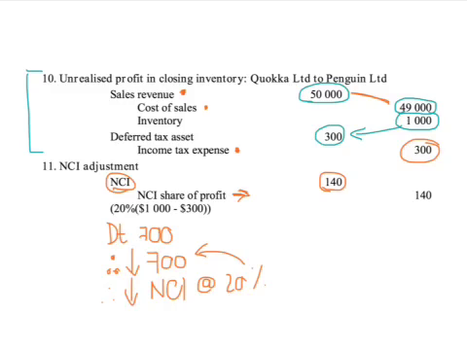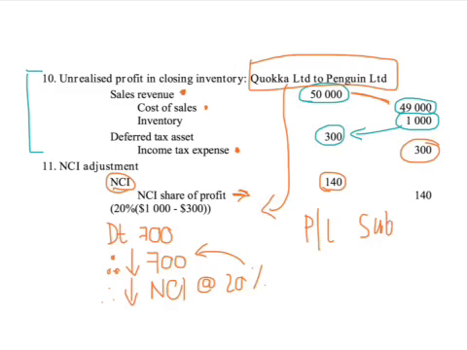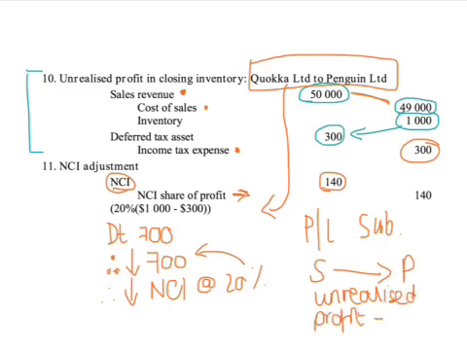Be careful to look at the direction of the intergroup transactions, because there's only an NCI effect if the profit or loss was recorded by the subsidiary. So if the subsidiary sells to the parent company and there's unrealized profit, then the NCI will be affected.